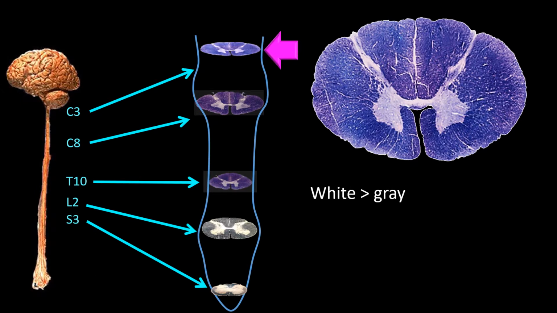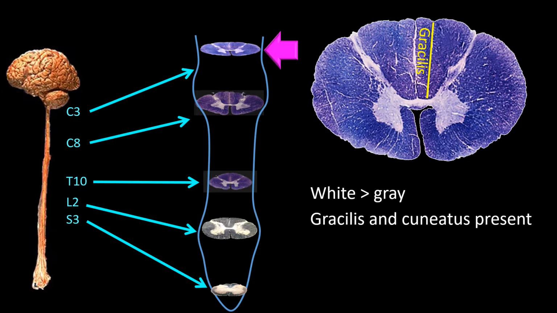There is more white than gray. The gracilis and the cuneatus are present. You can tell by the presence of a posterior intermediate septum separating them, which is hard to see in this specimen, and because of the small indentation in the contour of the dorsal surface of the spine, as pointed out by the yellow line.